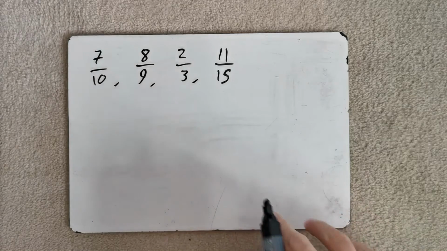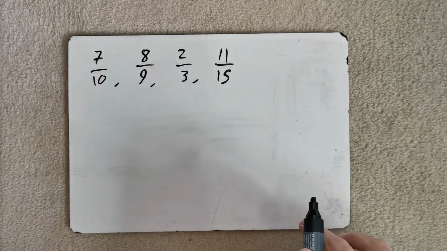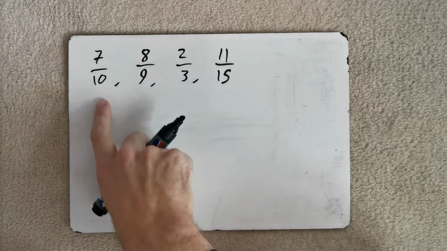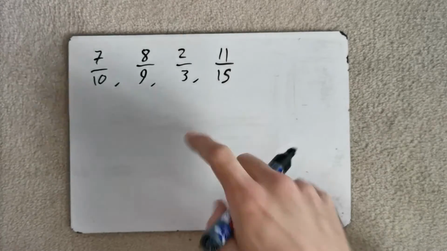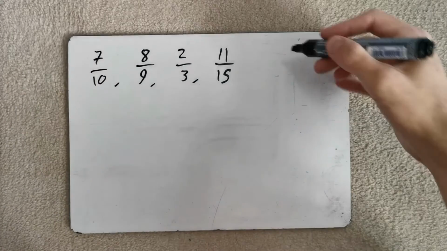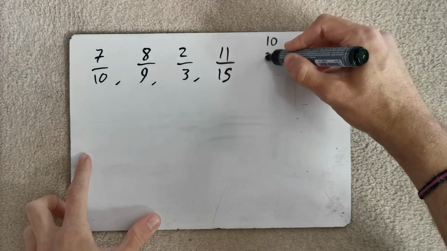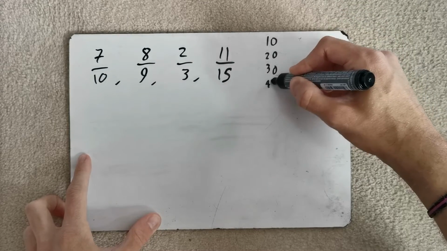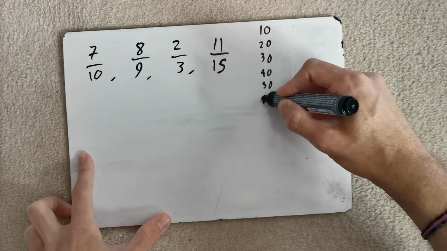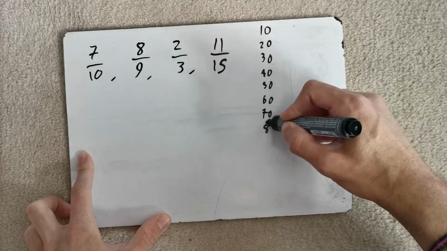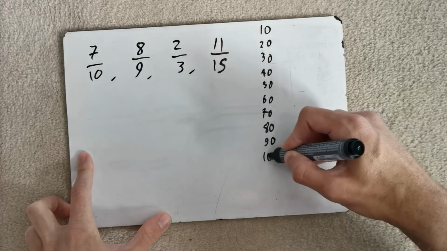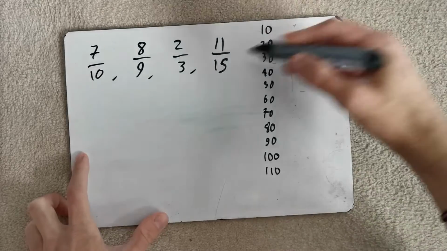Right, so here's an even more difficult problem. It's not obvious what 10, 9, 3 and 15 all go into. Again, I'm afraid we're going to have to do some times tables here to see what they all go into. So it's 10, 20, 30, 40, 50, 60, 70, 80, 90, 100, 110 and so on.